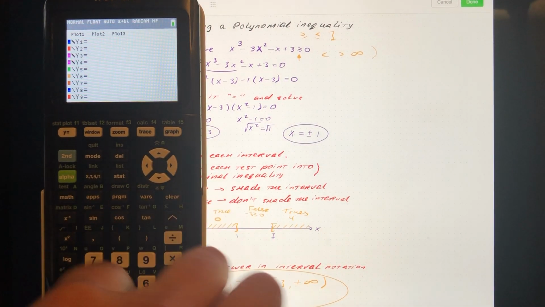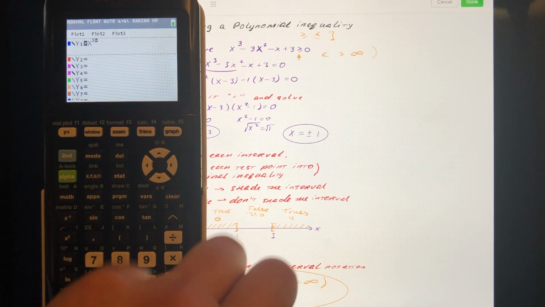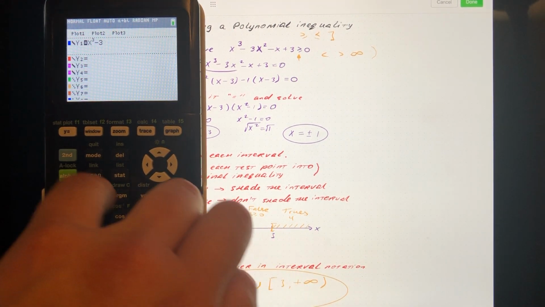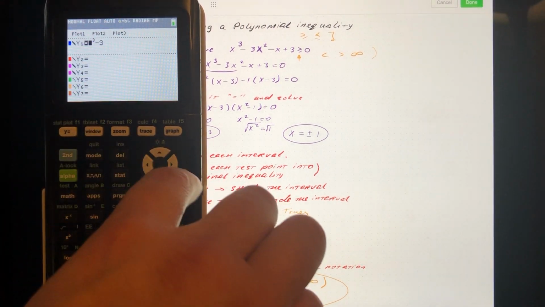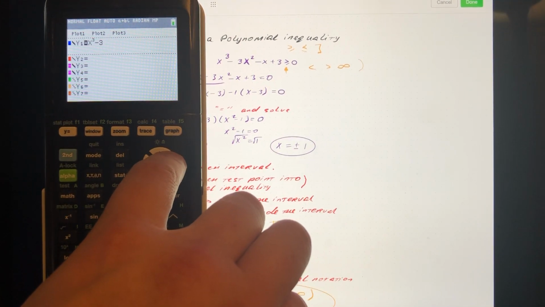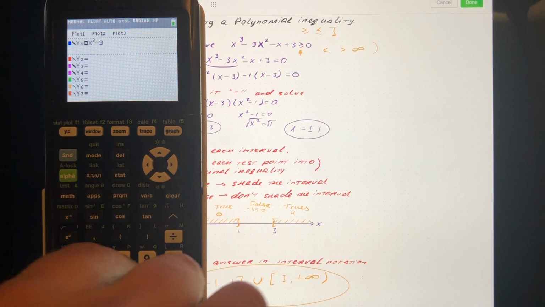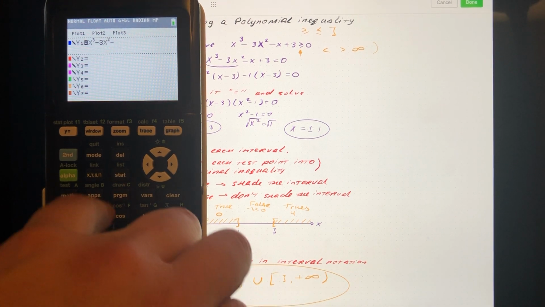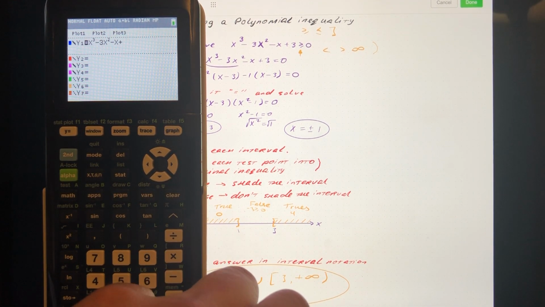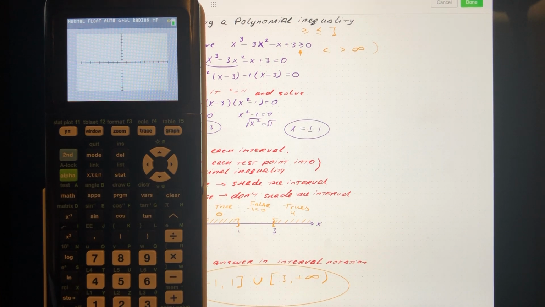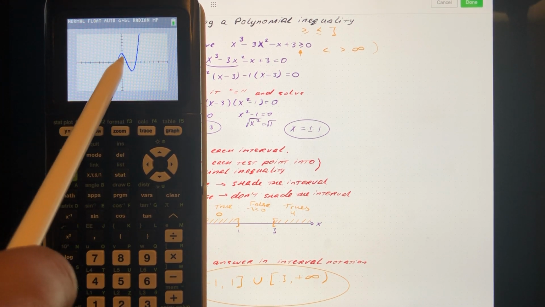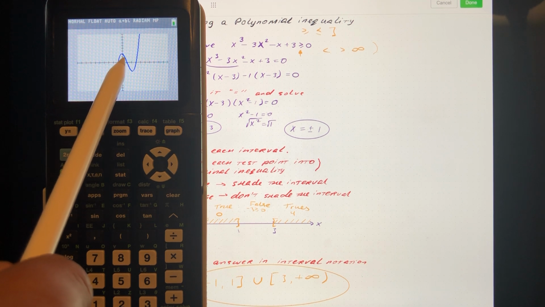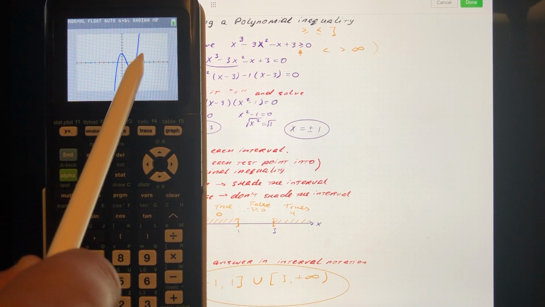So if we go here and we type in x to the power 3 minus 3x squared minus x plus 3. So here is the picture. We're looking for all the places where this curve is above the x-axis, which is here between negative 1 and 1, and after 3 it's also above.